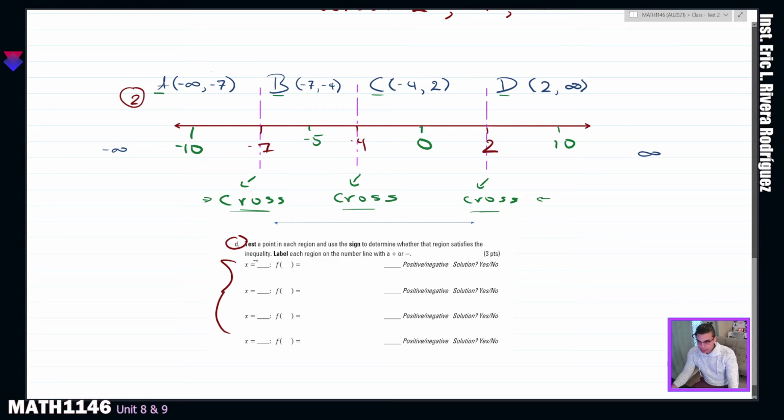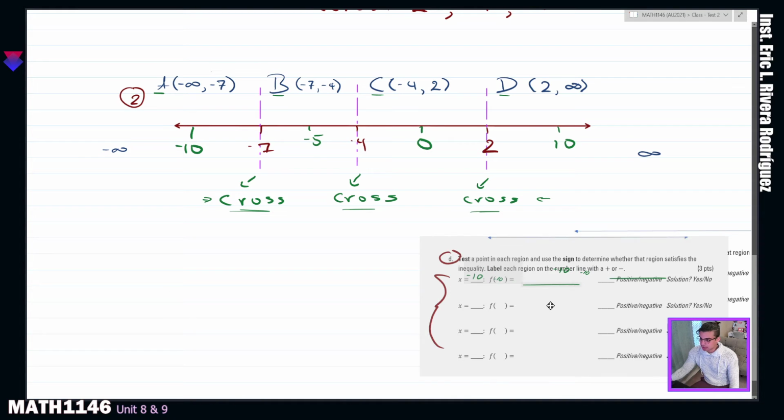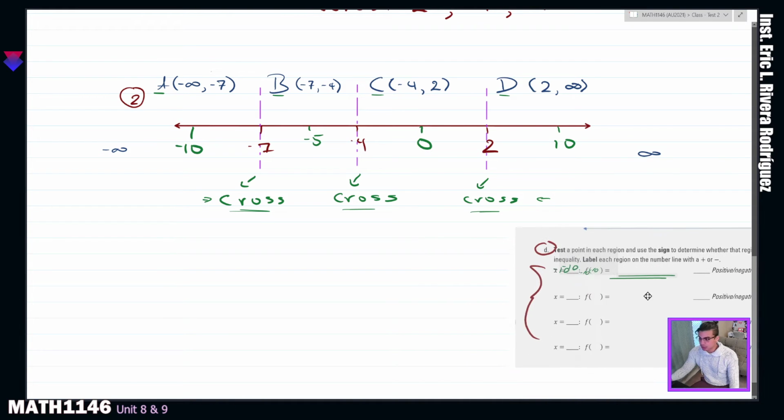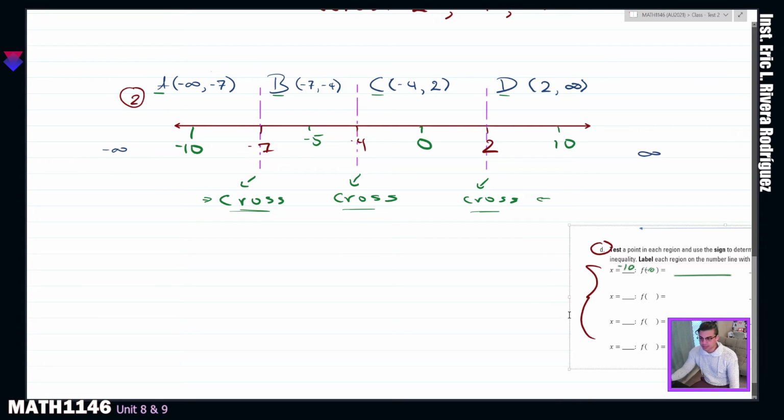So we can put here -10, plug -10 into the polynomial, check the value, check if it's positive or negative, and mark if it's a solution or not. That's one option, and you saw that in the previous video, which has a complete representation of this method.